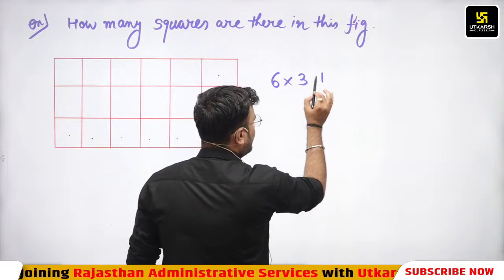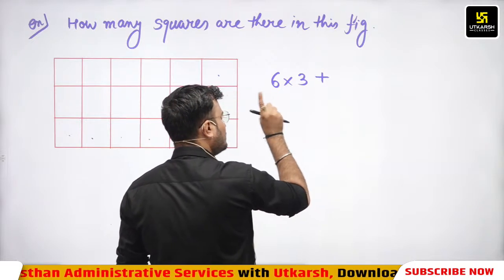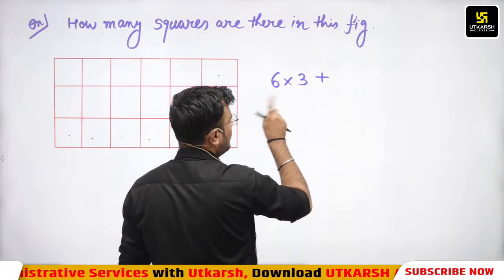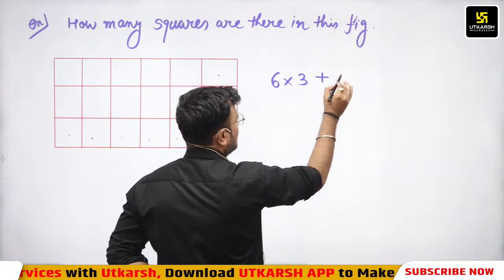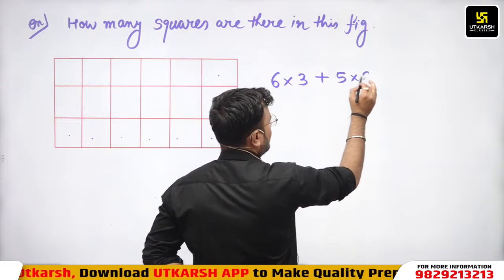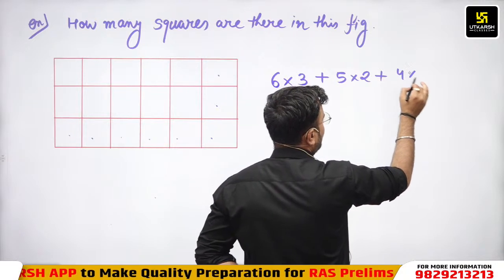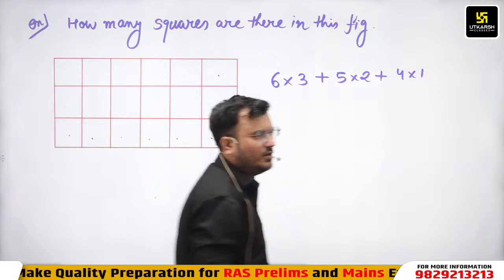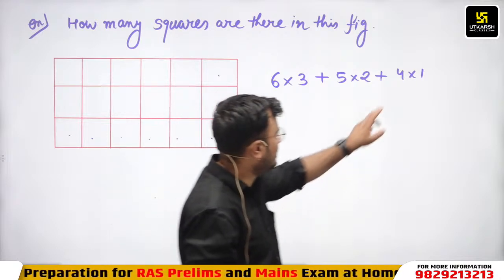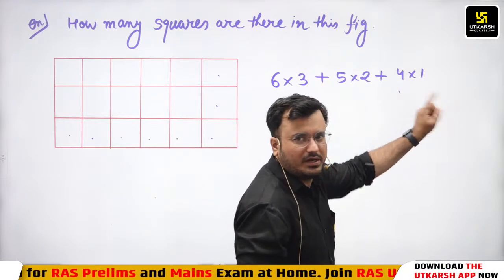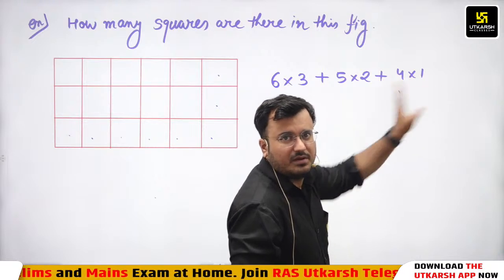Now we need to repeat the same process. We need to reduce one from both the numbers 6 and 3, so we will get 5 into 2. Now again we reduce 1 and 1, so it will become 4 into 1. Now if I reduce 1 from these two numbers, 4 will become 3, but 1 will become 0.